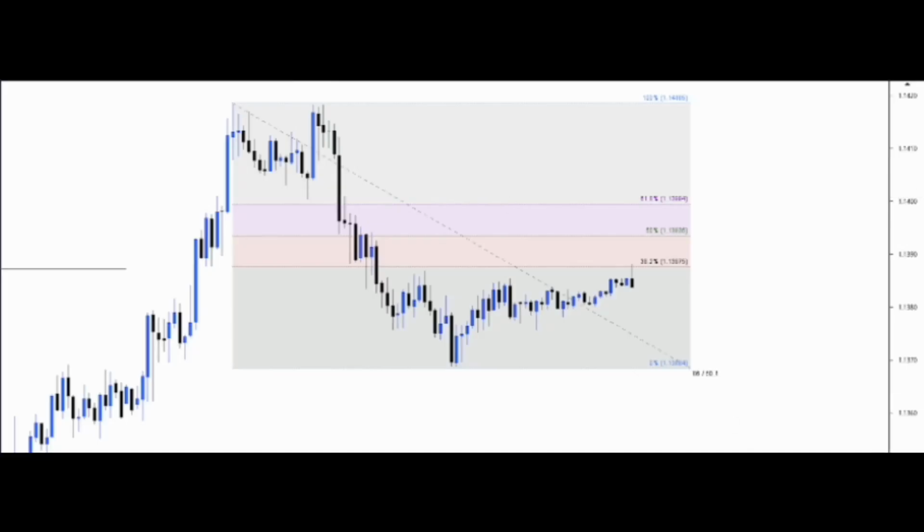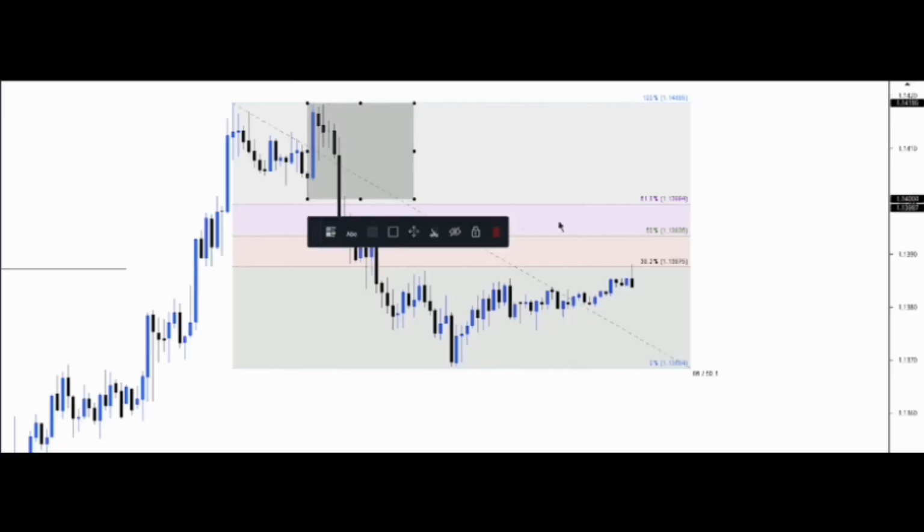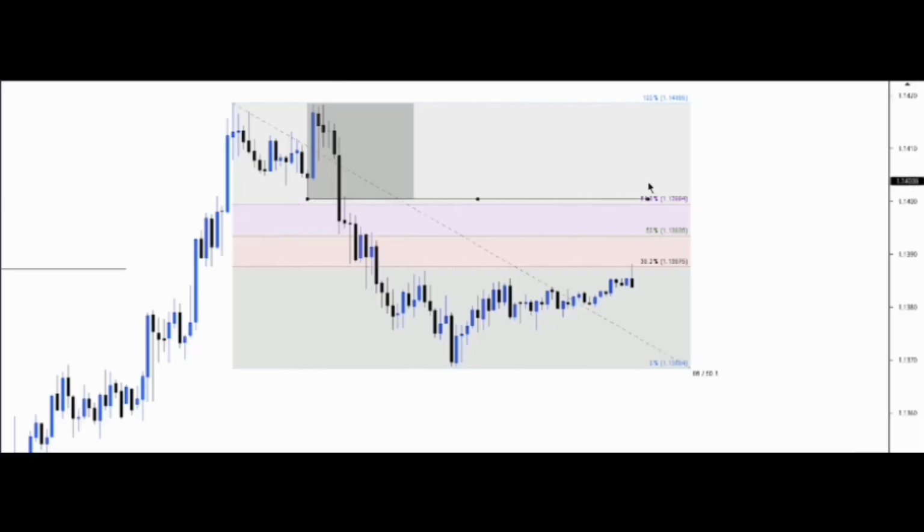Look at this. This is your pullback here. I hope you understand. Now, apart from that pullback, let me show you some other thing again. The confluences you have here. If you pick this low, this is your what?